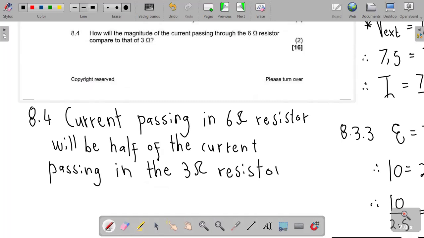So it will be half. This is how it will compare.